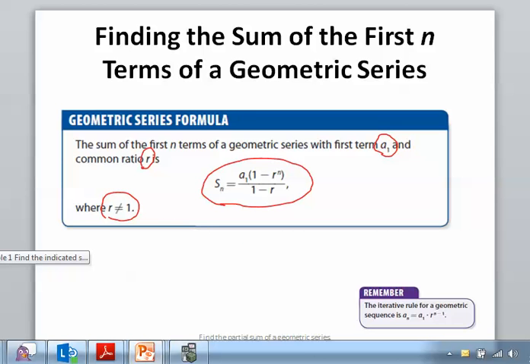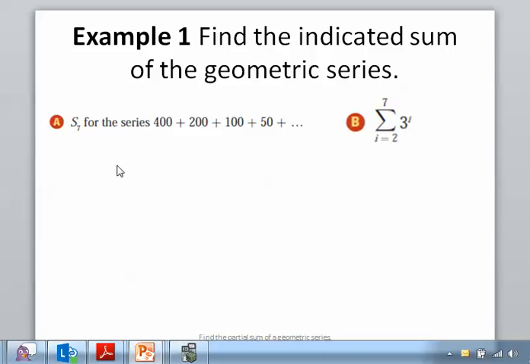Okay, let's work a couple of them just to see what we've got. It says for the series going from 400 to 200 to 100, first of all, what is my common ratio? To get from this term to this term, I had to multiply by 1/2. To get from this term to this term, I multiply by 1/2.